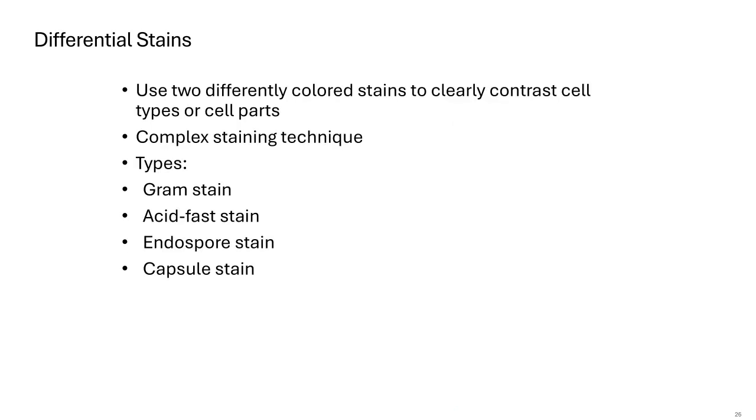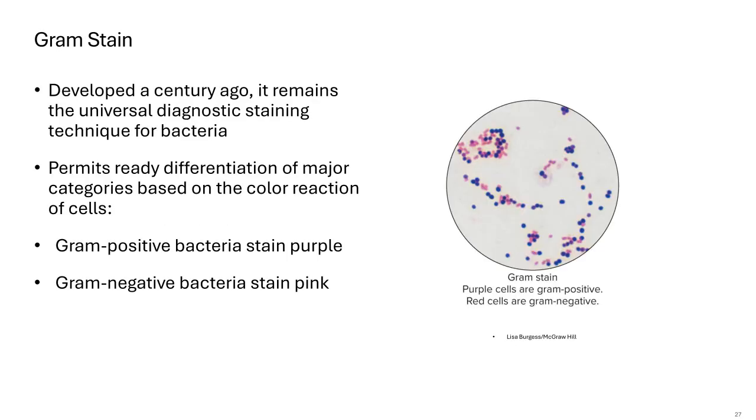The differential stains that we'll look at usually use two differently colored stains so that you can tell two types of cells or two types of cell structures or cell parts apart from one another. So let's look at that for a minute. Gram staining is something that we use all the time. It's very important in identification.